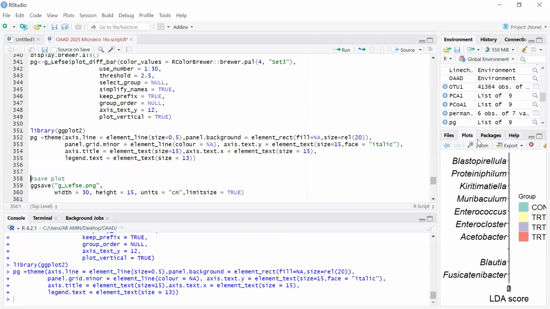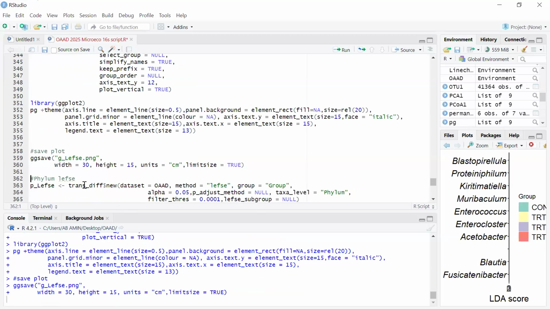This is the LEfSe plot. Let me save it and share. If we look at the LEfSe plot that I shared in the comment, I think this addresses the question raised earlier when I was presenting the PowerPoint.